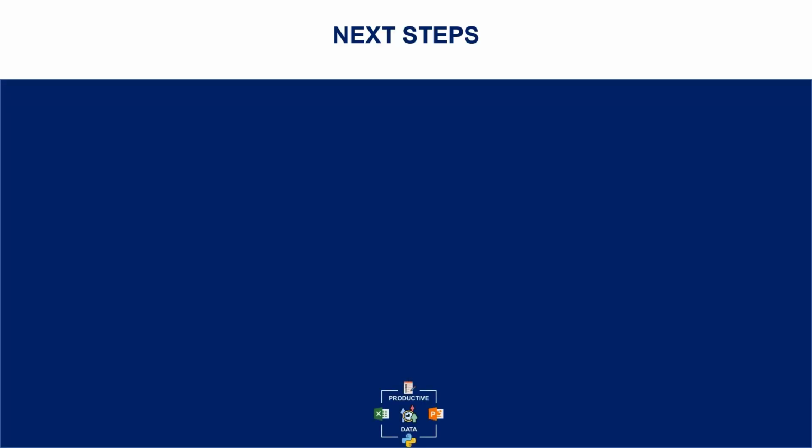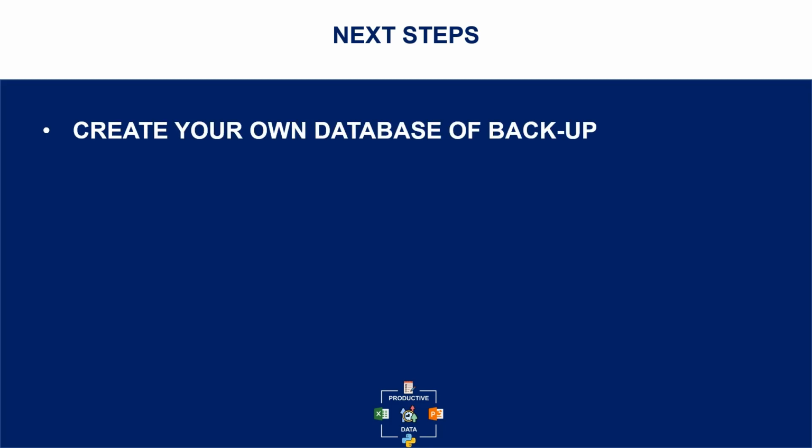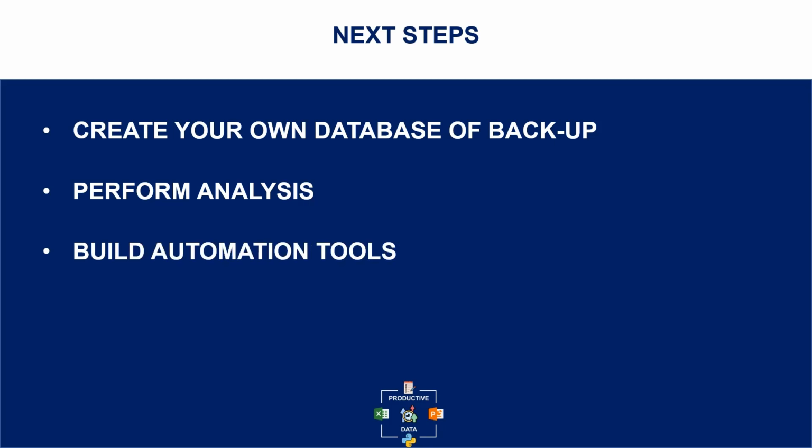So to conclude, now you have the tool to extract information from your emails, store them in Excel files, export them in HTML format, and even save the attachments. You can now create your own database of emails, using the Excel file or exporting to Access or even an SQL database. You can perform analysis using NLP, for instance, sentiment analysis or graph analysis, who is sending emails to who, etc. And you can build automation tools using data sourced from emails.